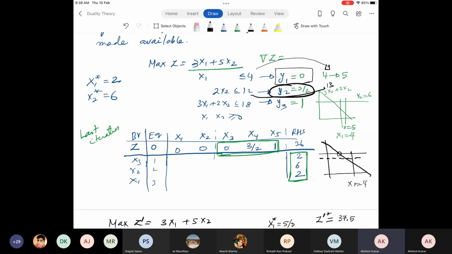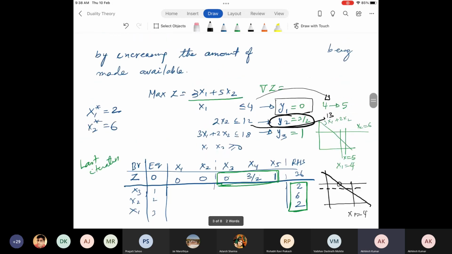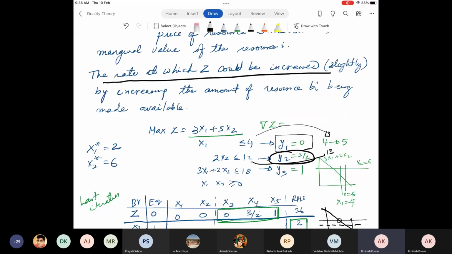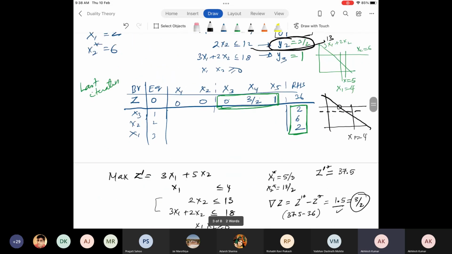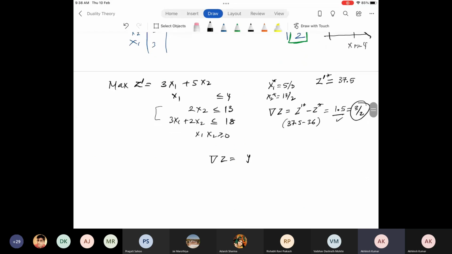1.5. So if you make available 1 unit of resource, that is the rate at which G could be increased by increasing the amount of resource bi being made available. So if I increase the resource by delta b2, delta G is nothing but y2 into delta b2. Whatever increase you have done, but as I said, slightly, because it has a meaning.